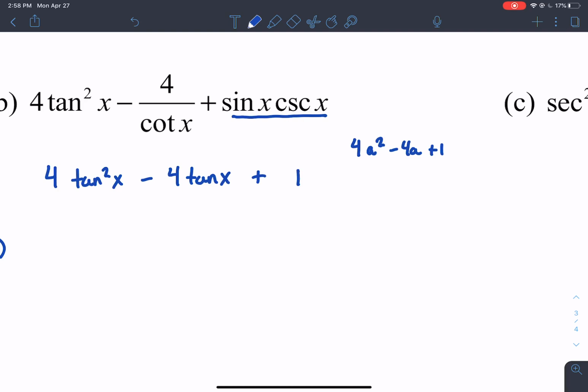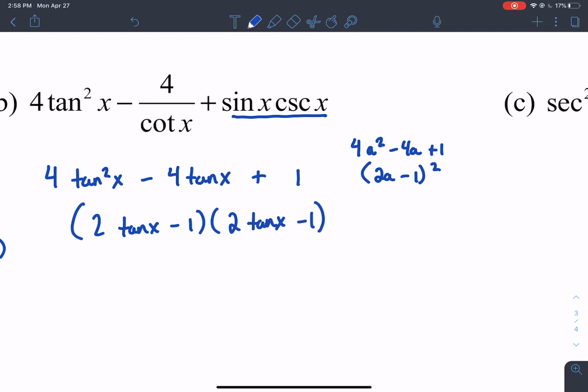The same way that you would factor that one, which is just 2a minus 1 squared, is how you would factor this one. You're going to treat your variable like tan x. So this is 2 tan x minus 1 times 2 tan x minus 1. So 2 tan x minus 1 squared.